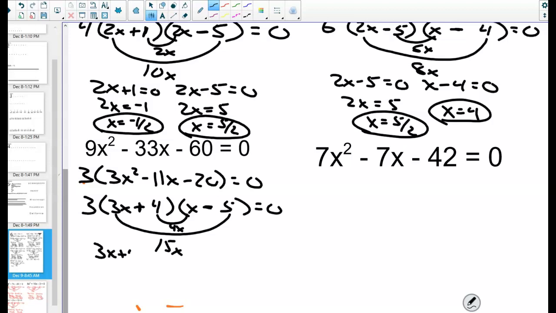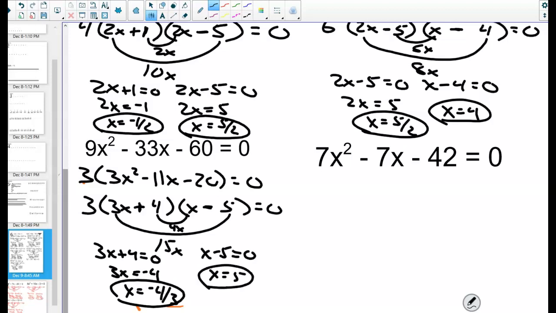3x plus 4 equals 0. 3x equals negative 4. x equals negative 4/3. x minus 5 equals 0, x equals 5. And finally, we're going to take a 7 out. This is by far the easiest factoring one.